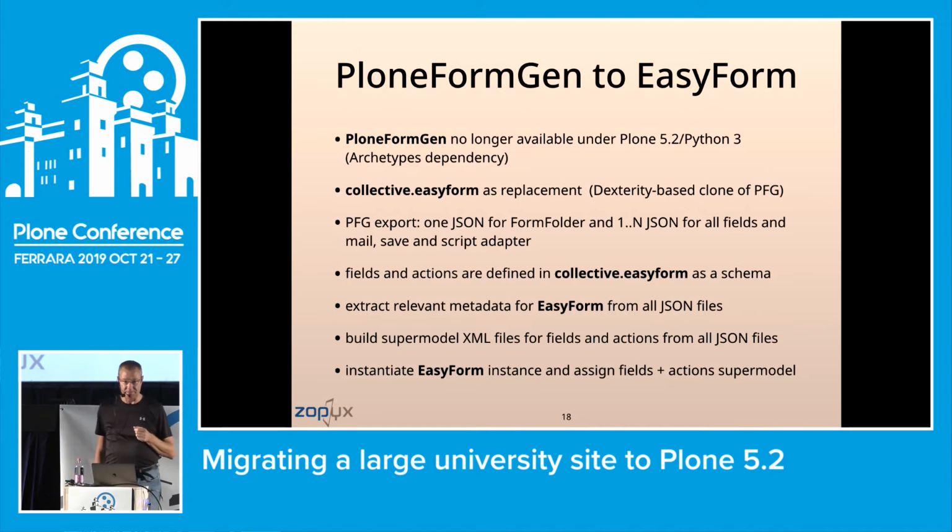As collective.easyform is based on Dexterity, you can express all the fields and the actions using a supermodel. So we use the XML representation for converting the JSON data to a schema for the fields and the actions. And that's pretty straightforward and works pretty well.